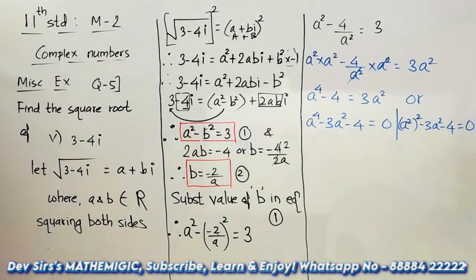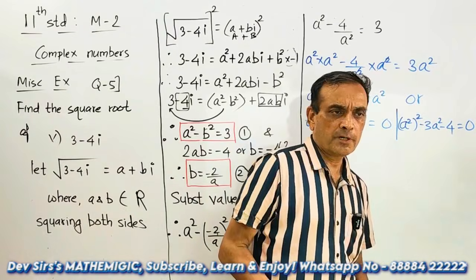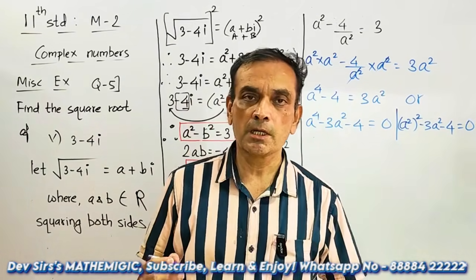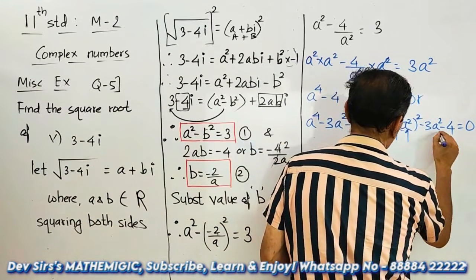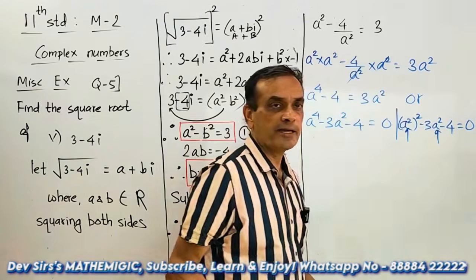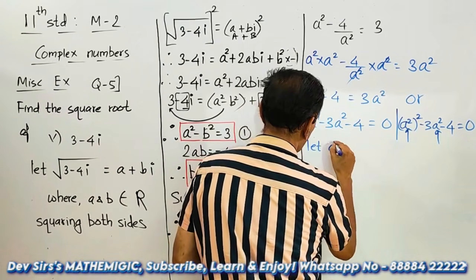Why did I write it like this? Because in 10th standard you had the type of solving equations by the substitution method. a squared is here and a squared is here. In both places there is a squared, so I am going to write let a squared equal to m.